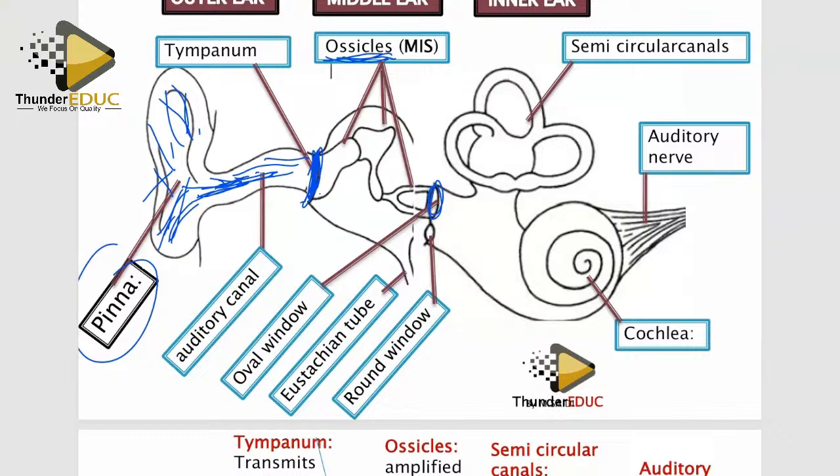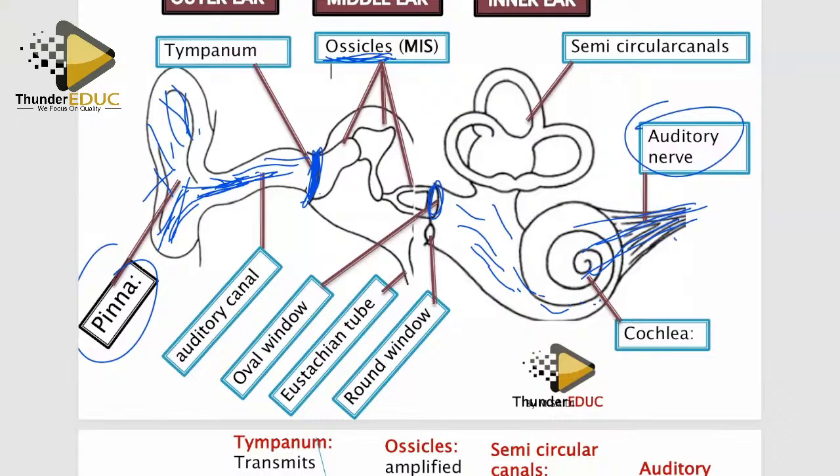So now the oval window will vibrate, causing the fluid in the inner ear to vibrate. The vibration of the fluid in the inner ear will cause the organ of Corti to be stimulated, firing the impulse to the cerebrum for interpretation via the auditory nerves. That is the hearing process.